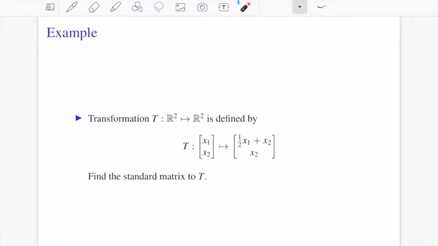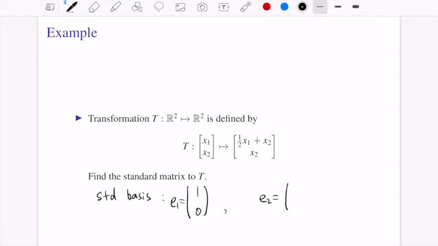Now, we are going to practice this rule using the previous example. We have a linear transformation from two-dimensional space to two-dimensional space, and I want to know what the standard matrix is. The standard basis in R2 is two vectors, e1 equals (1, 0) and e2 equals (0, 1).